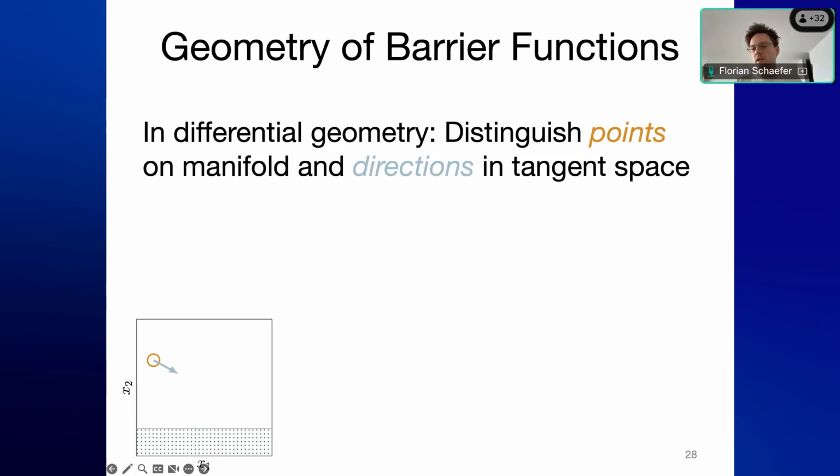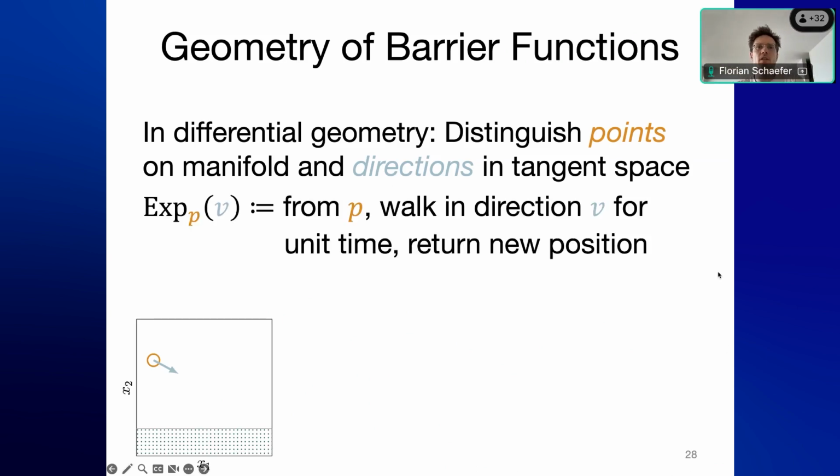But in differential geometry, we have points on manifolds, and then we have directions in the tangent space of that manifold. And the object that connects these two, the positions and directions, is the so-called exponential map, that basically takes in a point and a direction, and gives you where you end up if you walk in that direction starting at that point for a unit time interval.